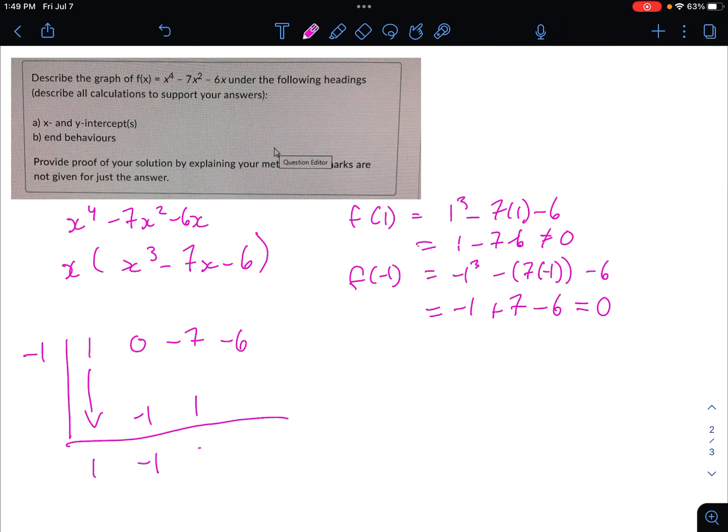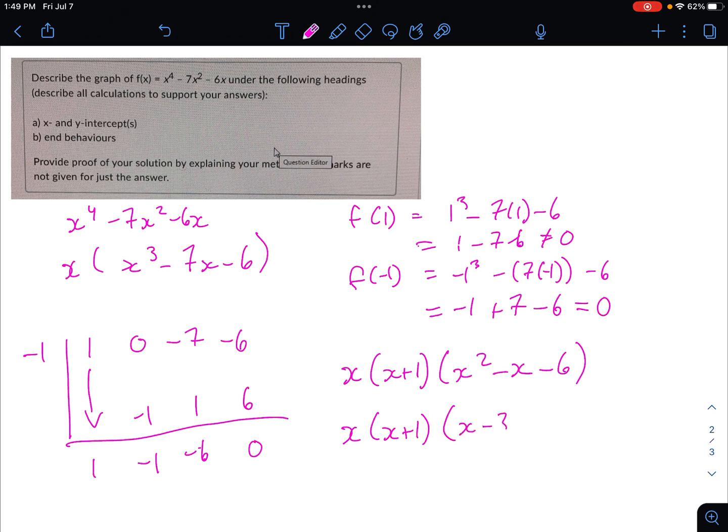That's 1. That's -6. That's 6, and that's 0. So what we're left with right now, we have x plus 1, because it's always the opposite of the factor that works for it. And then we have x squared minus x minus 6. And thinking about this from before, you have x plus 1, and this is x minus 3, x plus 2, because you're looking for two numbers that add to make -1 and multiply to make -6.